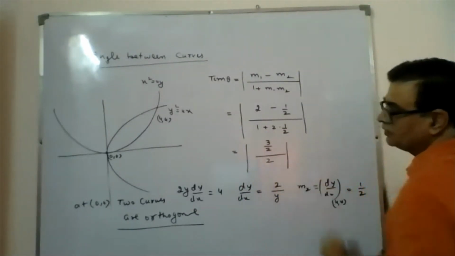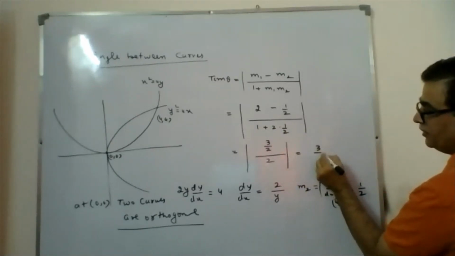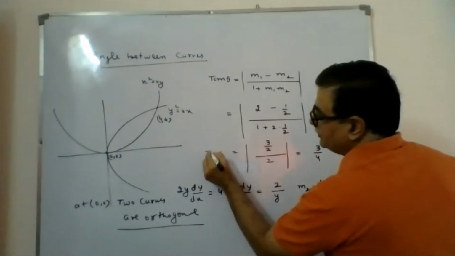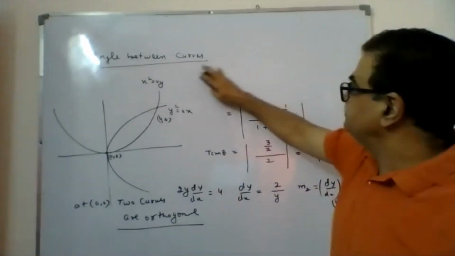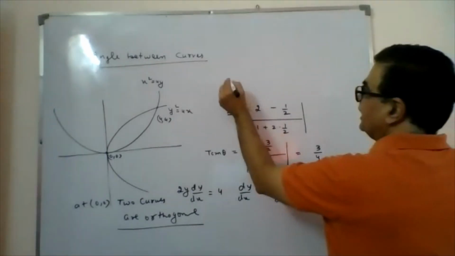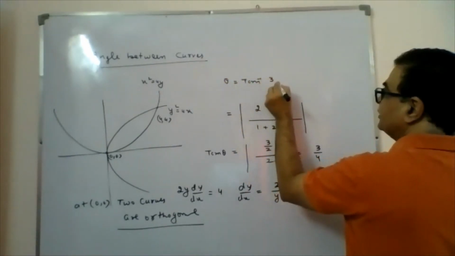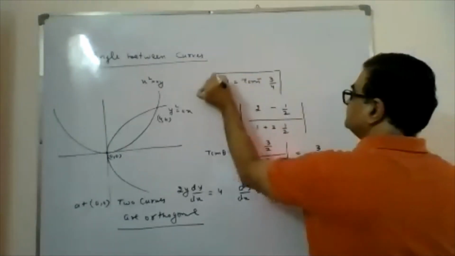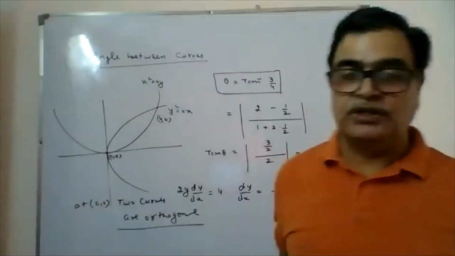The denominator is 2, because 1 plus 1 is 2. So it will be 3 by 4. That is tan theta. That means theta comes out to be tan inverse 3 by 4.